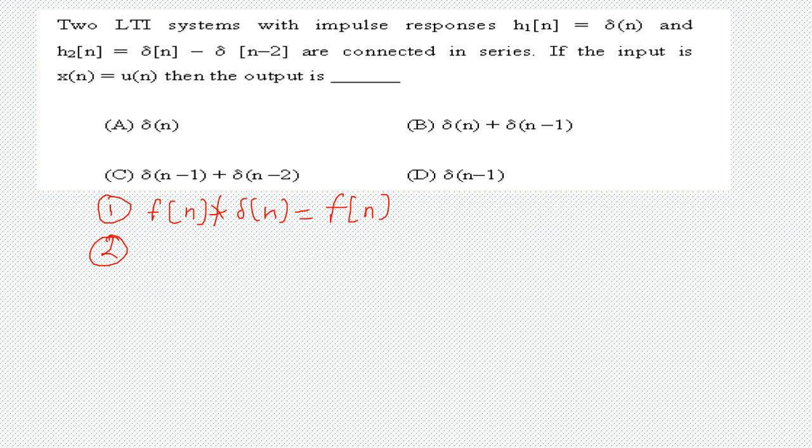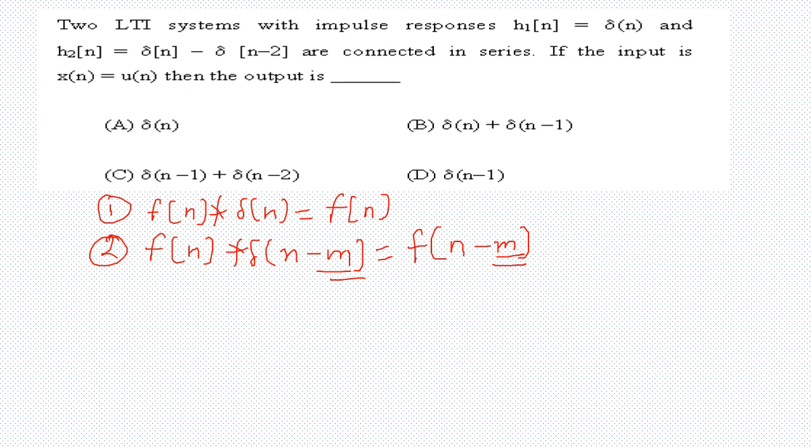And the second property is, if f of n is convolved with del of n but with some delay of m, then the function is again going to be f of n, but the delay is added to it. So we see that the same delay comes to the signal as well. So we can use these two properties and figure out what the output is going to be.